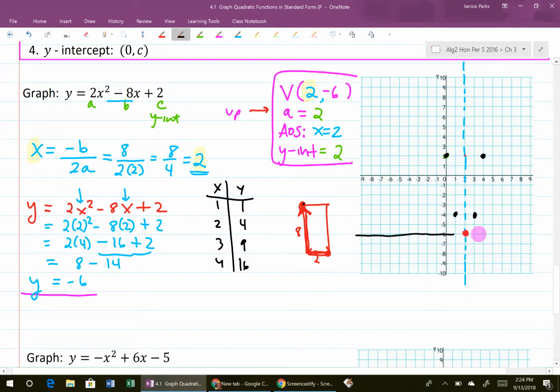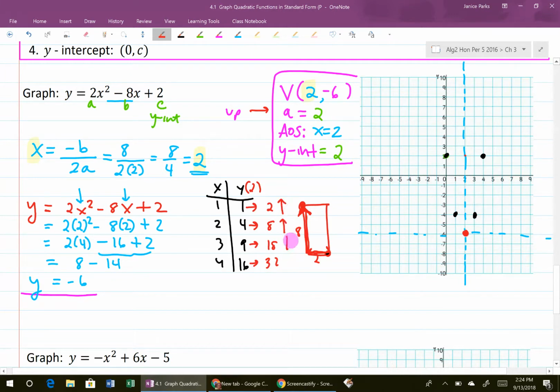This is like my new origin here. I guess I should dash that in. And so I have to go twice as many as these because a is 2. So 2 times 1, 2 times 4, 2 times 9, 2 times 16.